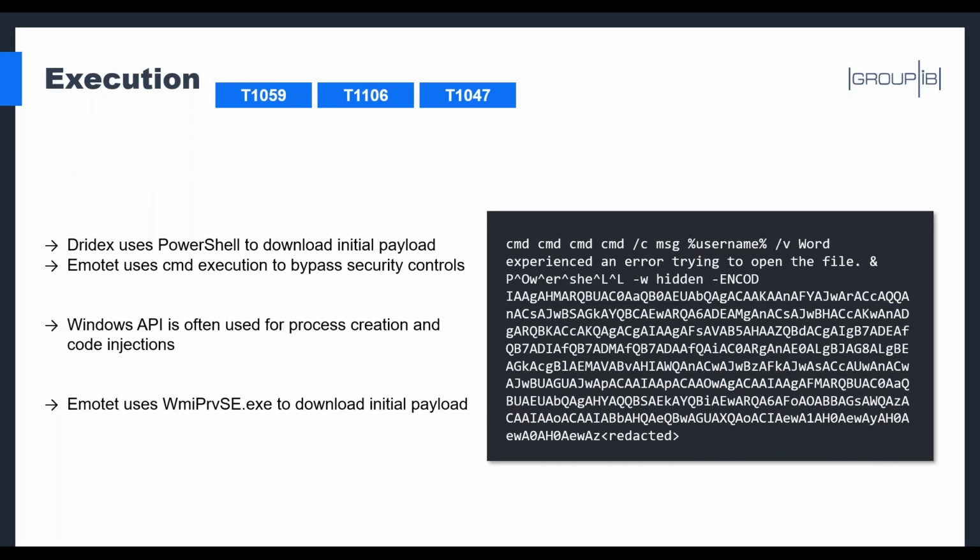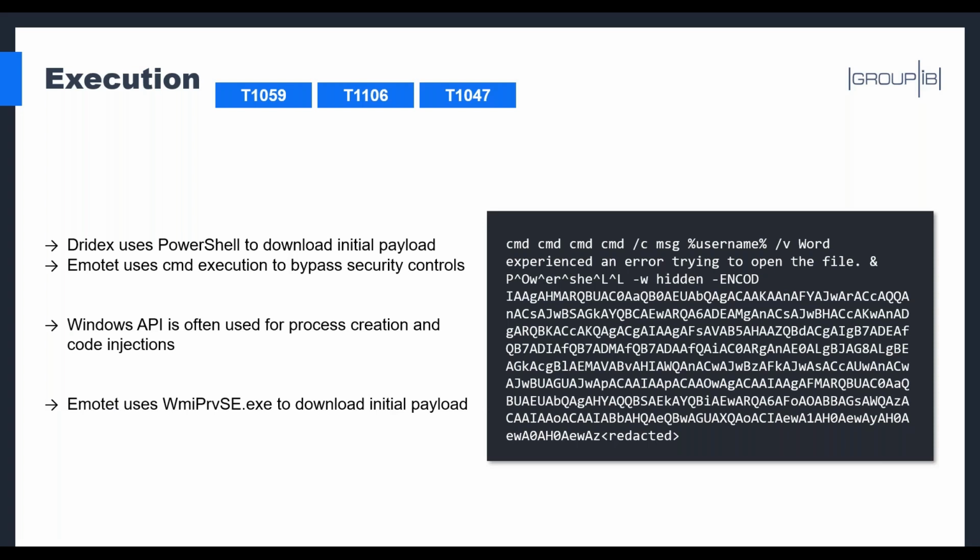For execution, there were actually several techniques used by attackers, and here I want to discuss some real examples on malware itself. For example, the first technique, command and scripting interpreter usage: we were able to see that lots of different families use this technique.